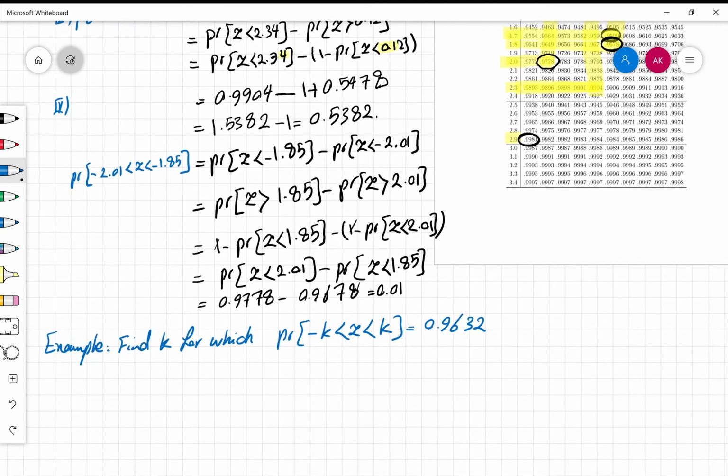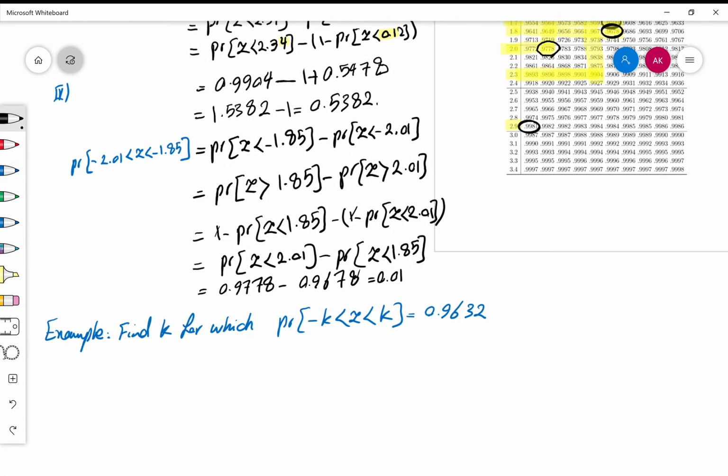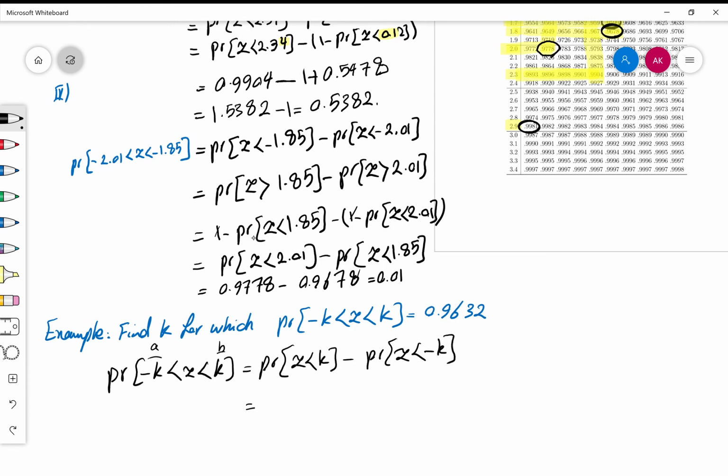Okay, well, let's deal with this thing without knowing what is k. This is b, this is a, and right away this shows that k is positive such that k is bigger than negative k. So that means that I can first of all do this minus the probability of z less than the smaller value, and then the probability of z less than k is the same thing as here. Look at this guy, the probability of z less than minus k.